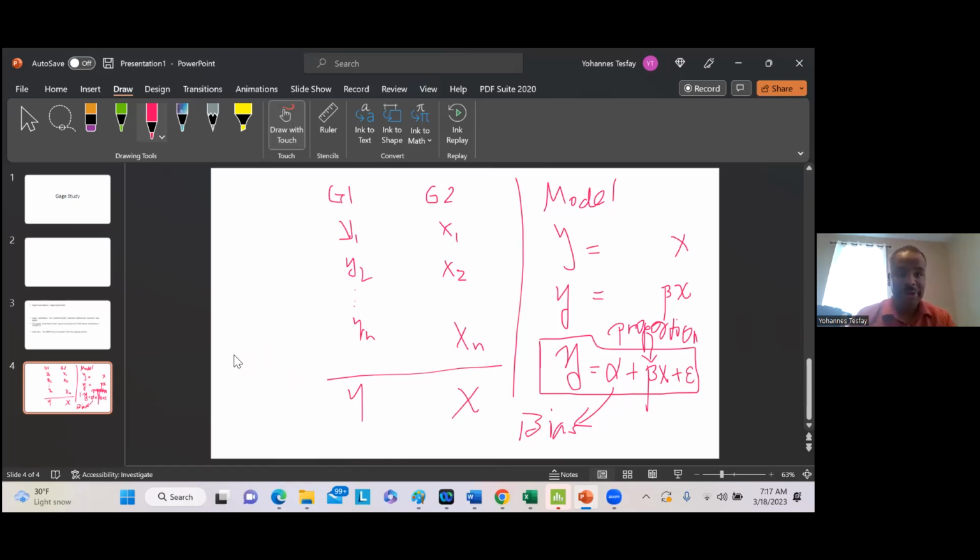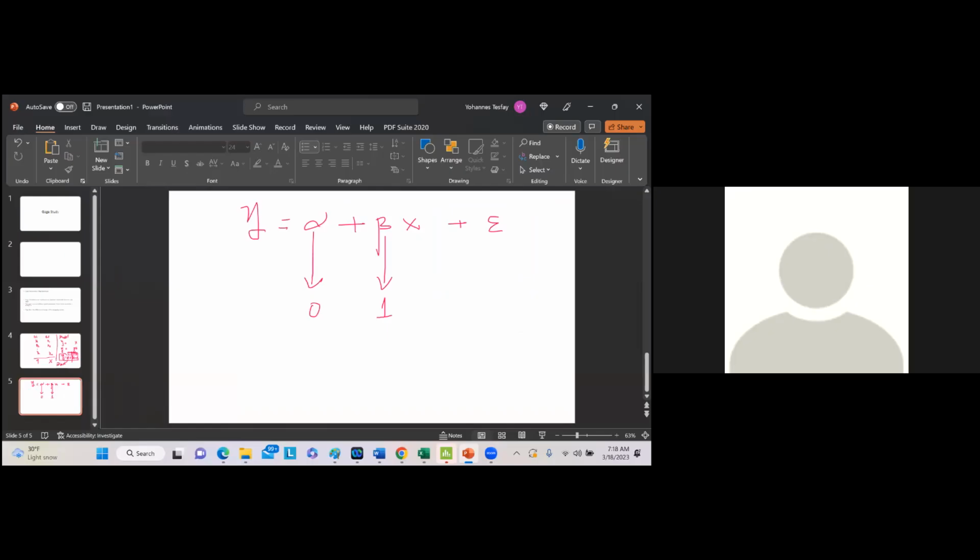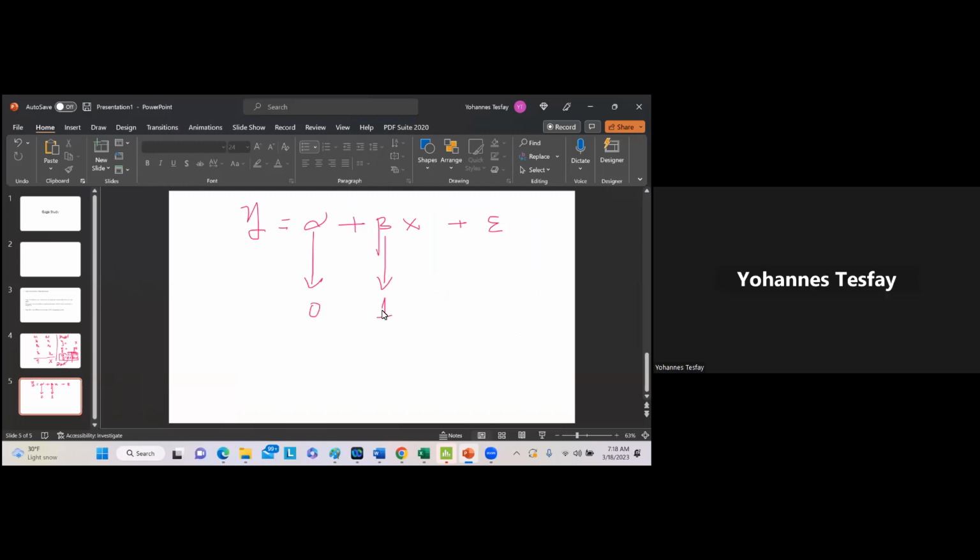So our expectation is, how much is going to be beta? So this is the hypothesis.